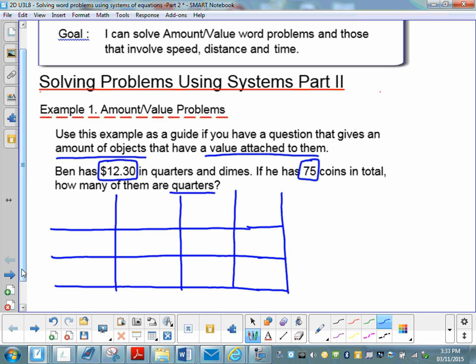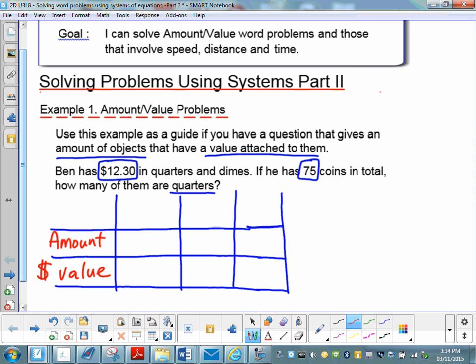Okay, so we've got our table here. And in these amount value questions, our two rows here are going to be amount and value. And across the top, the first two columns that come next here are going to be the things that we're trying to find.